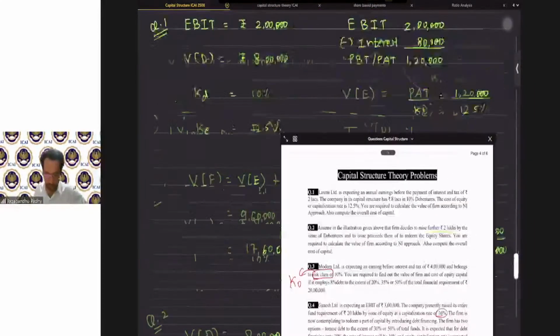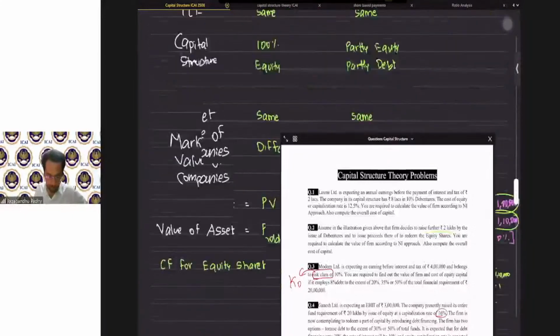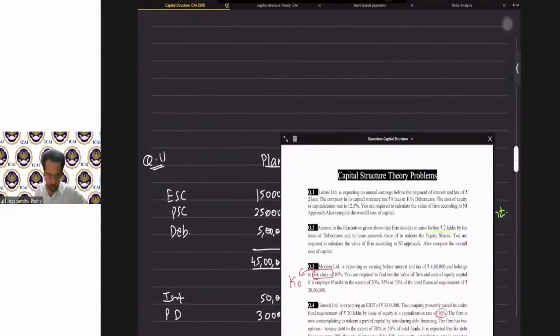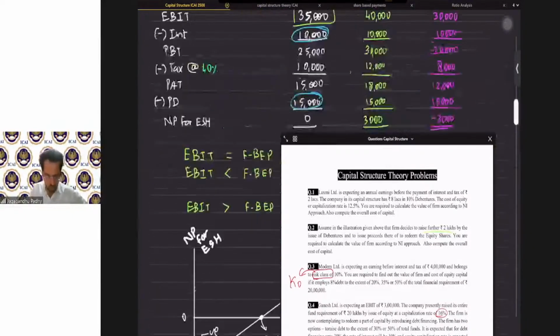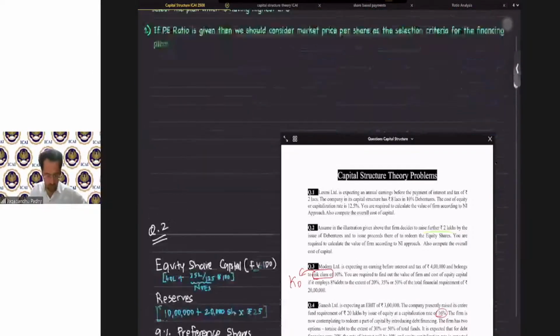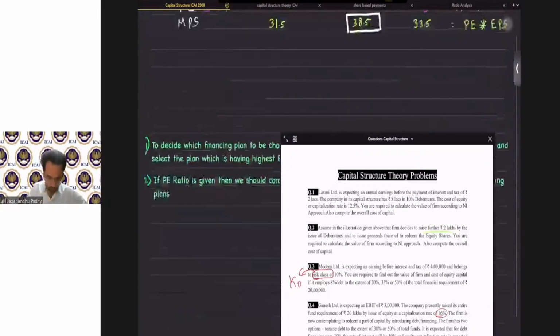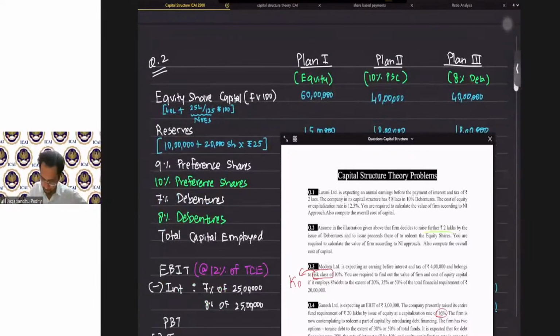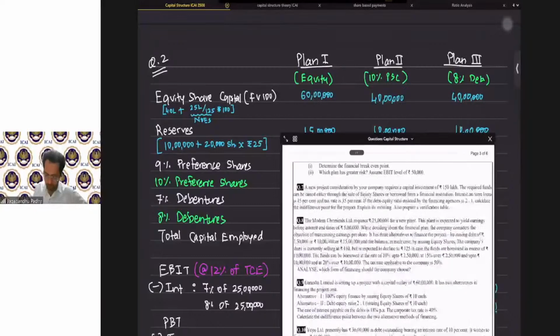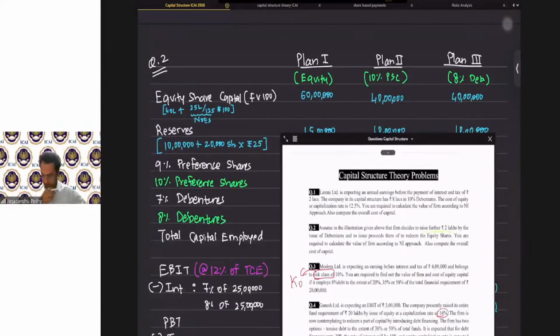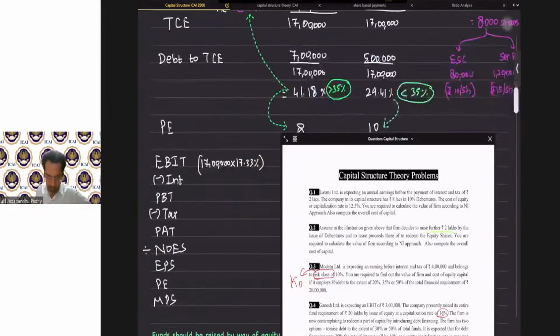Which question have we done? Question number 1 is done, I suppose. Is question 1 done? Let's do capital structure theory problems and then we'll go back to the previous question possibly.